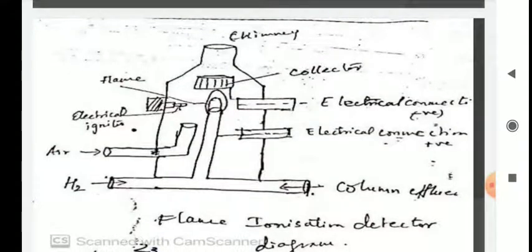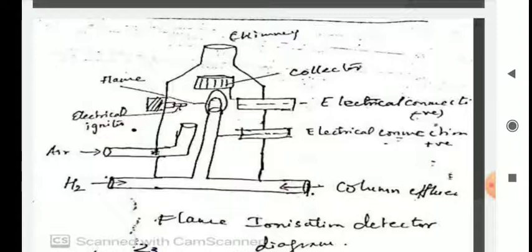You can see at the bottom there are inlets. One is the column effluent inlet, the other is the hydrogen inlet, and there is another inlet for air. So the air, hydrogen, and the column effluent will mix up inside this FID, and there is an electrical igniter that can ignite the flame.